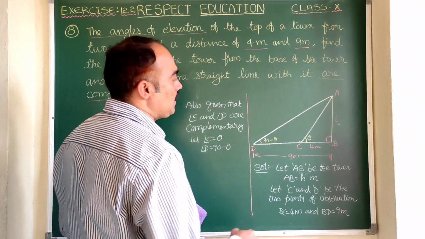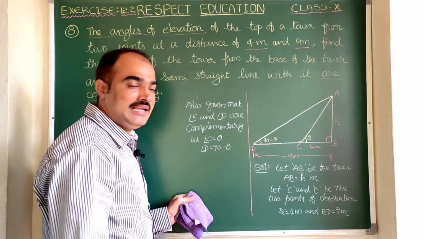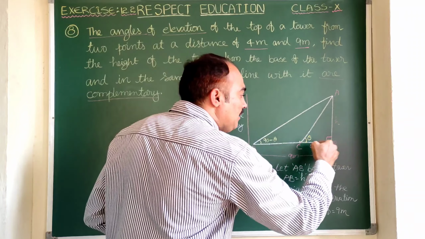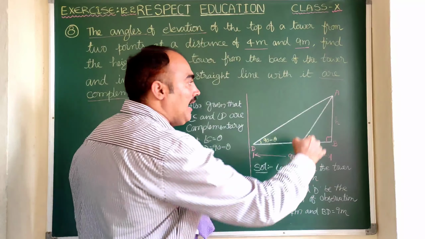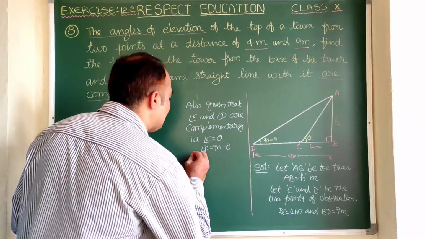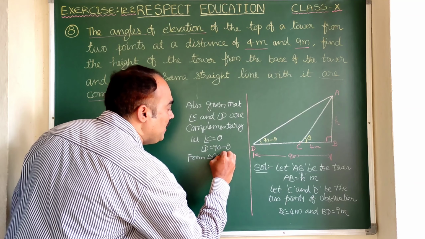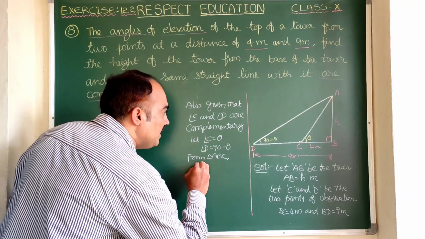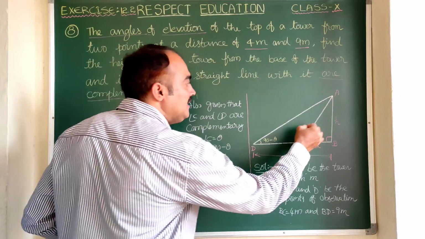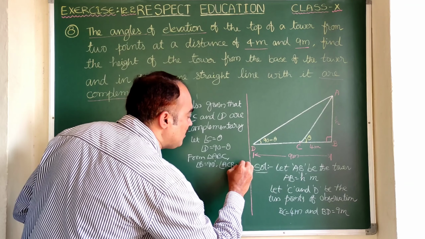Now here let us find out the right angle triangles. Clearly there are two right angle triangles, namely triangle ABC is the first one and triangle ABD is the second one. So now let us consider the first triangle, triangle ABC, in which angle B is equal to 90 degrees and angle C, which can also be written as angle ACB, is equal to theta.